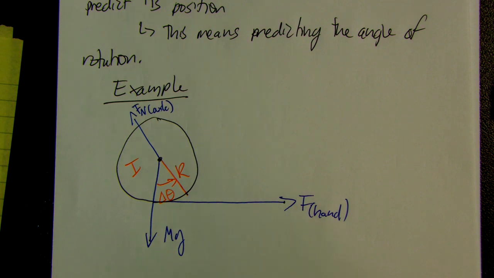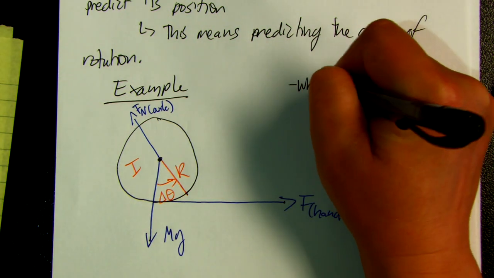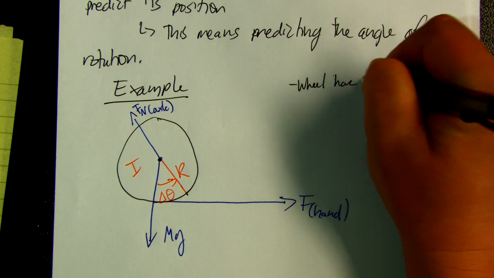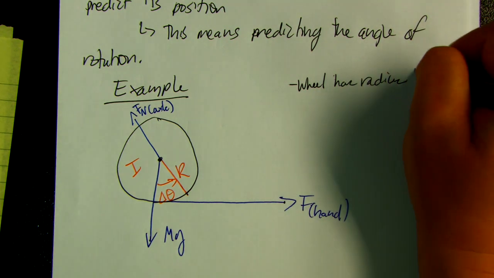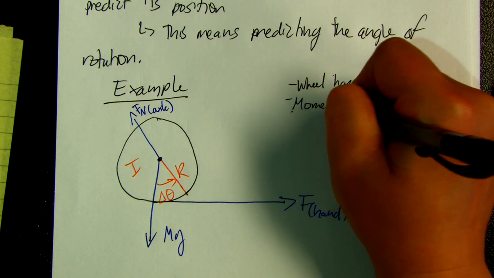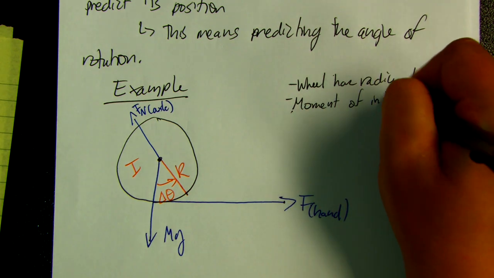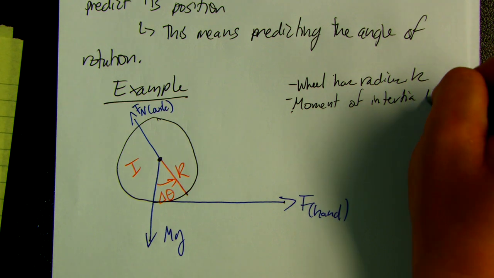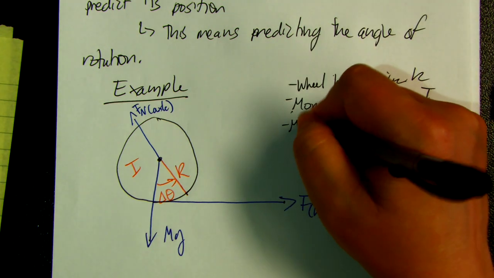Okay, so let's write a few things down. Wheel has radius r, moment of inertia I, mounted to an axle.